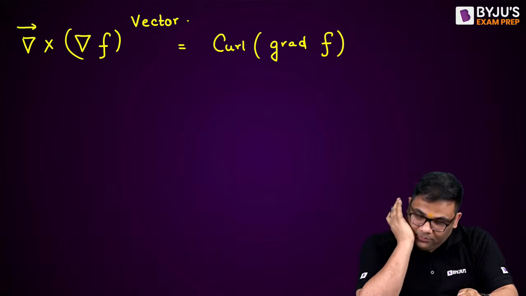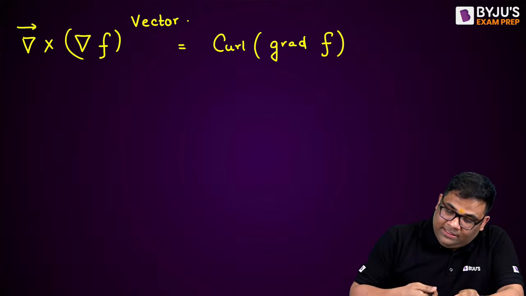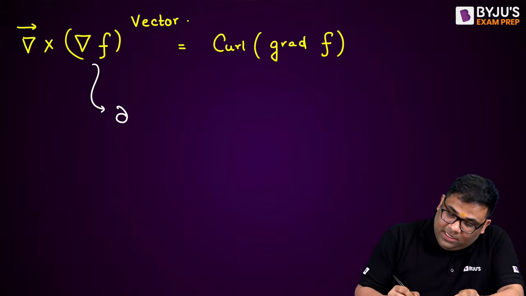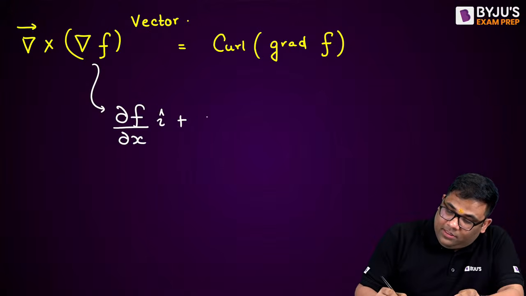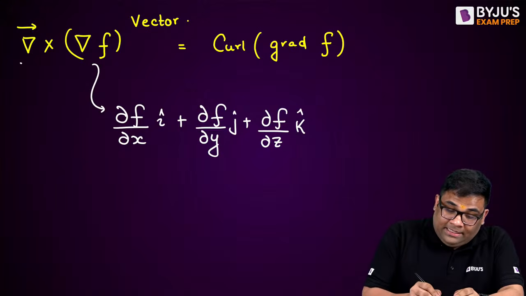Very good. Now see, I will write this f function. This expression is del f by del x i cap, plus del f by del y j cap, plus del f by del z k cap. Now see, this is curl, na?